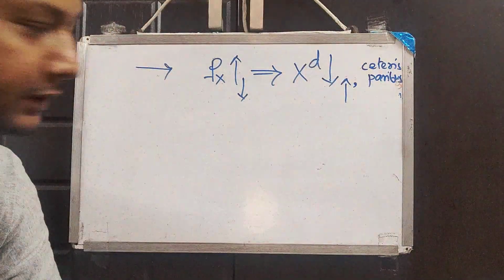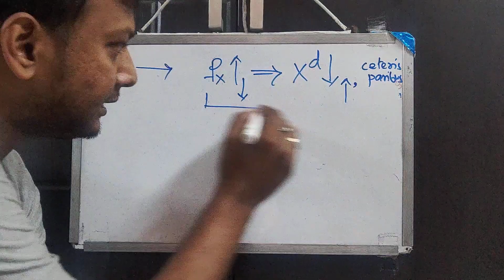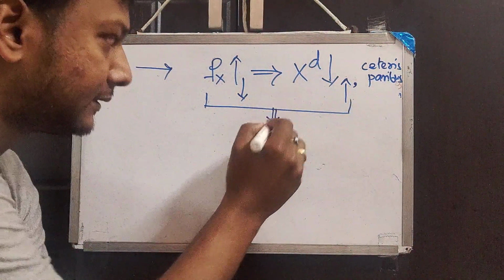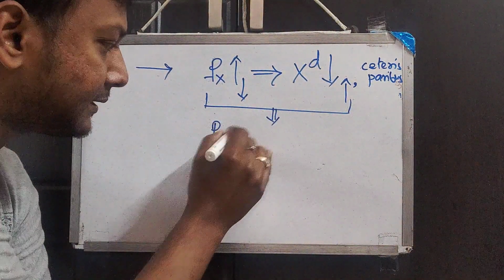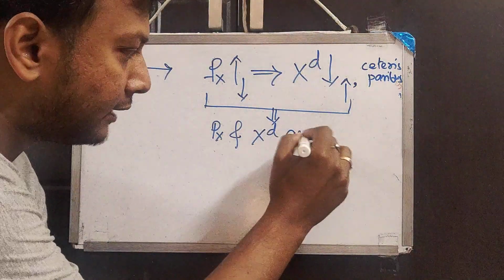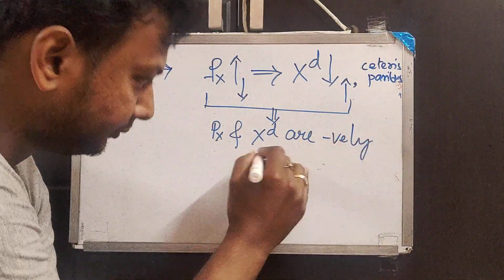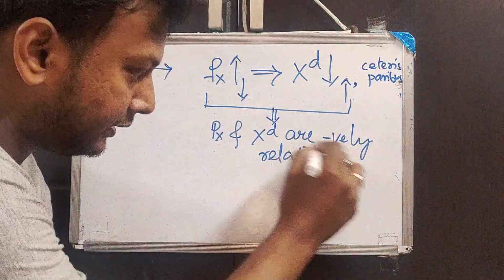Ceteris paribus. Okay. So this indicates that Px and Xt are negatively related to each other.